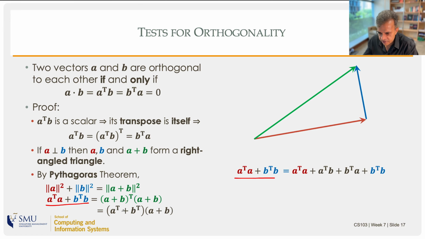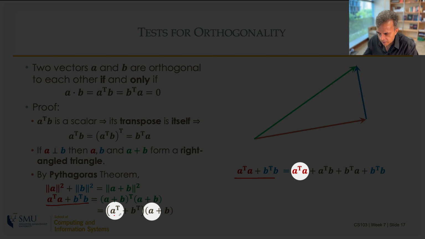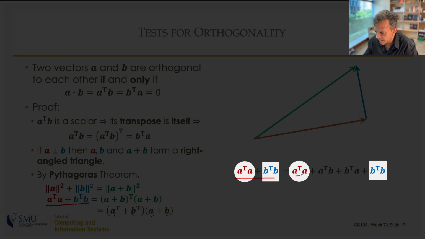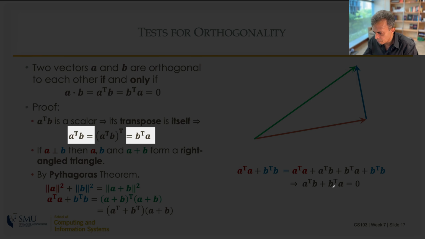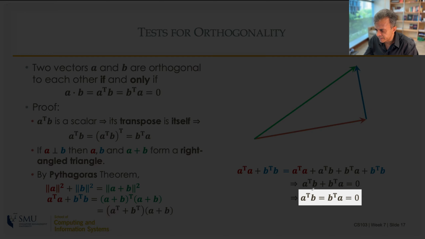On the right-hand side, you do the expansion: a transpose a, then a transpose b, then b transpose a, then b transpose b. So a transpose a and b transpose b will cancel off from the left-hand side and the right-hand side. So you get 0 equal to a transpose b plus b transpose a. Well, we know that those two guys are the same. That means a transpose b is the same as b transpose a, and both of them are 0.